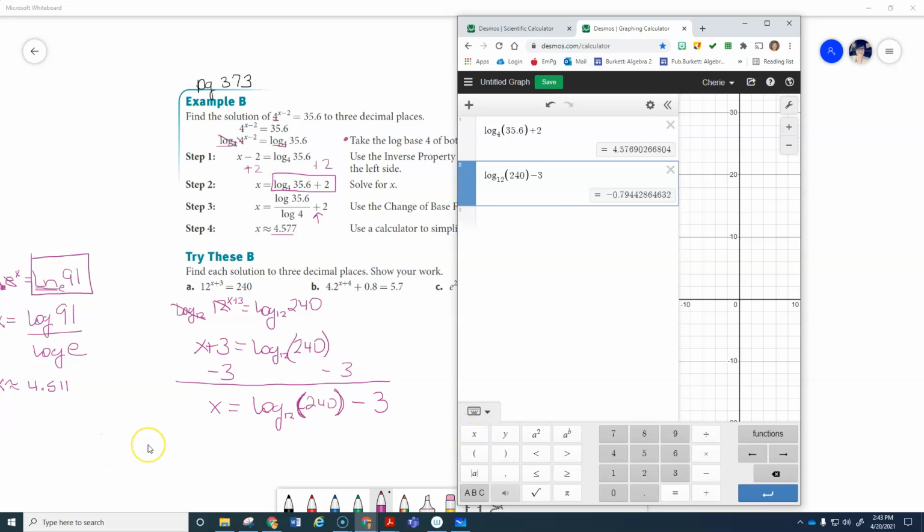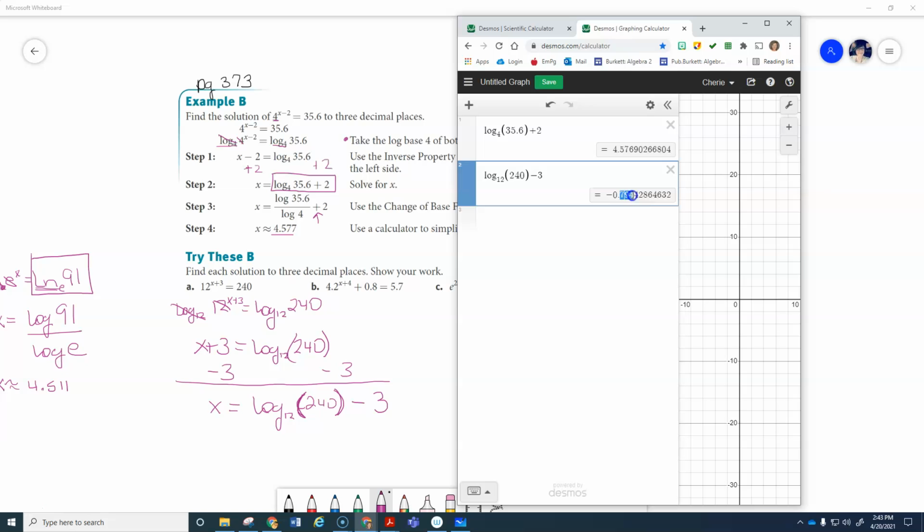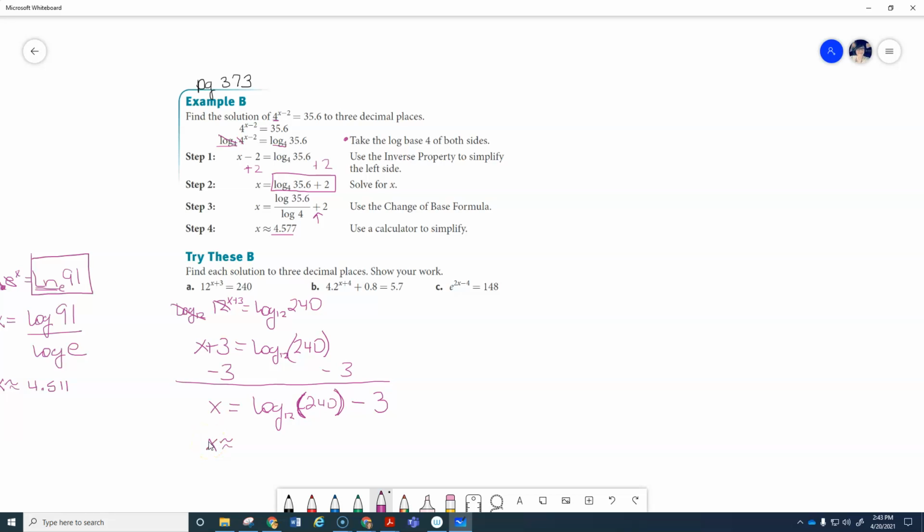And my answer then is going to be negative 0.794, round to 3 decimal places, so 0.794. X is about negative 0.794. Go ahead and pause the video and see if you can work examples or try these B and C, and then start the video again and check your answer.